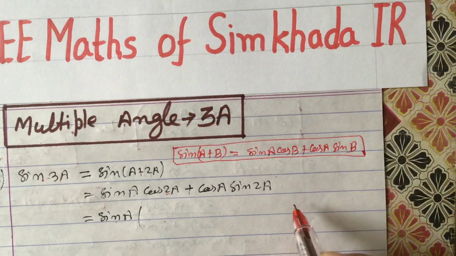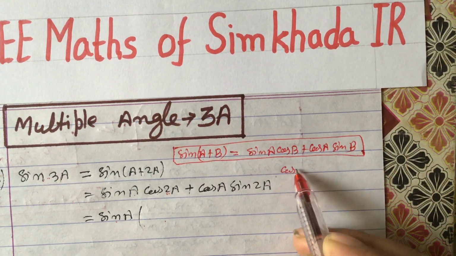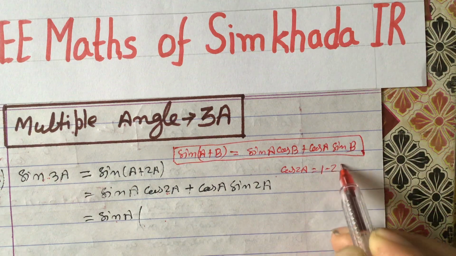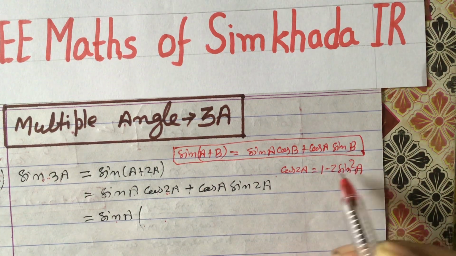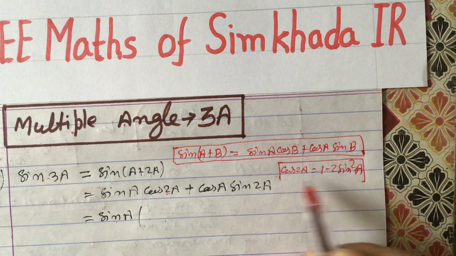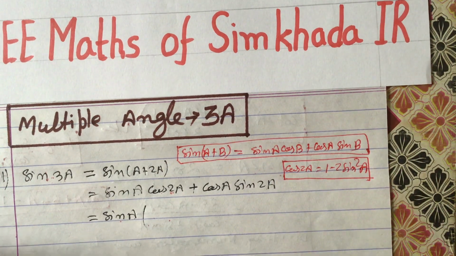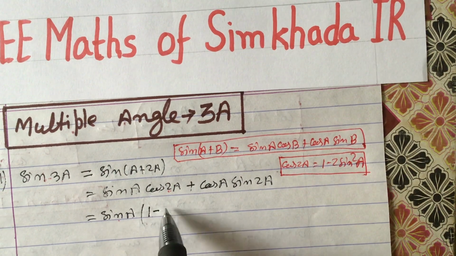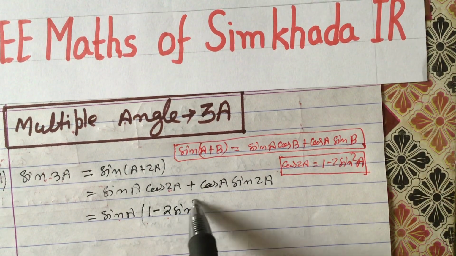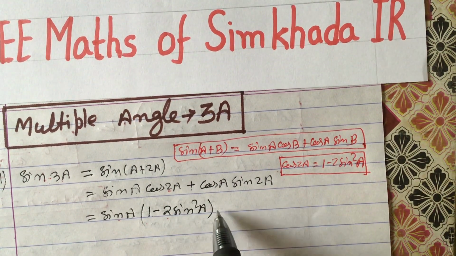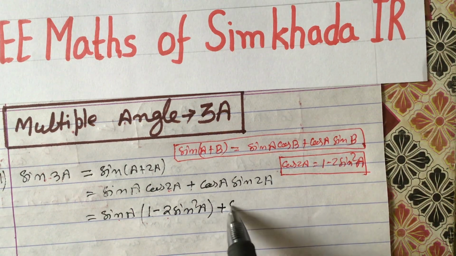Now see, this formula is cos 2A equals 1 minus 2 sin square A. We have already derived this cos 2A formula. Plus this cos A as it is.